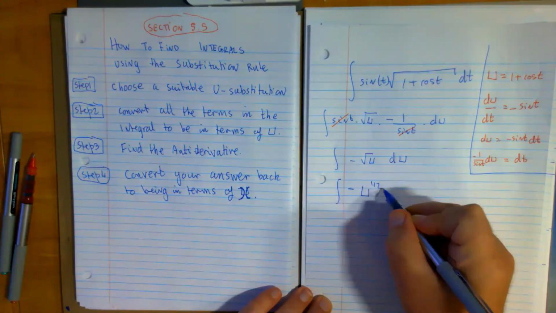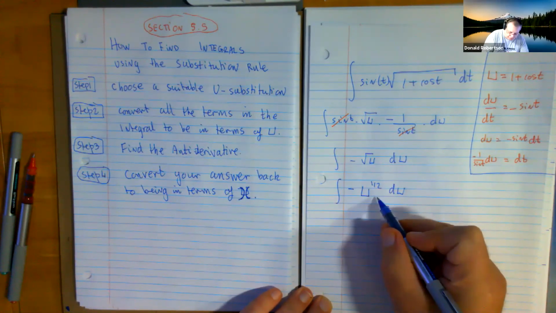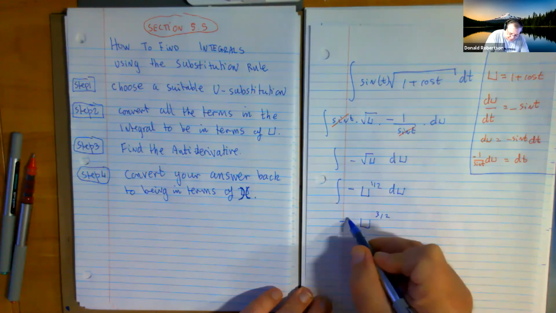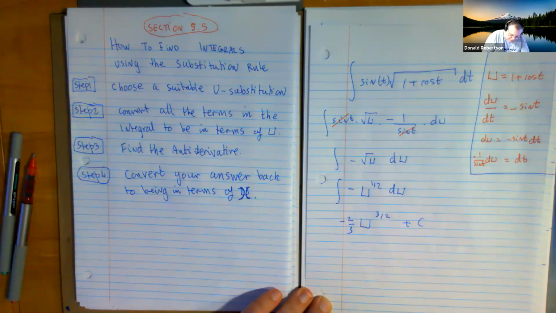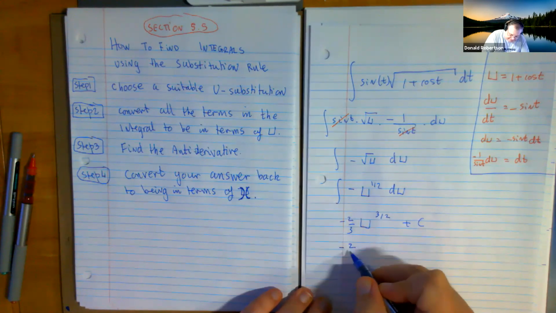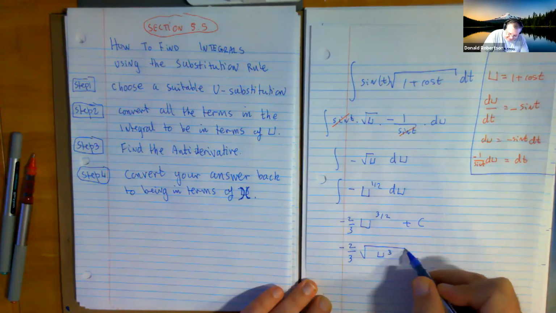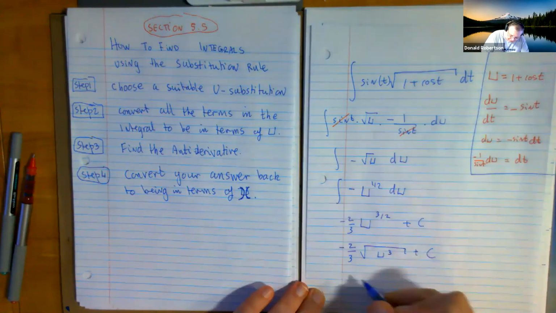Okay. And now I can use the power rule, great. So the power rule is add 1 to the power and divide by the new power. I like that version. And then just replace by 1 plus cosine t and you are done.